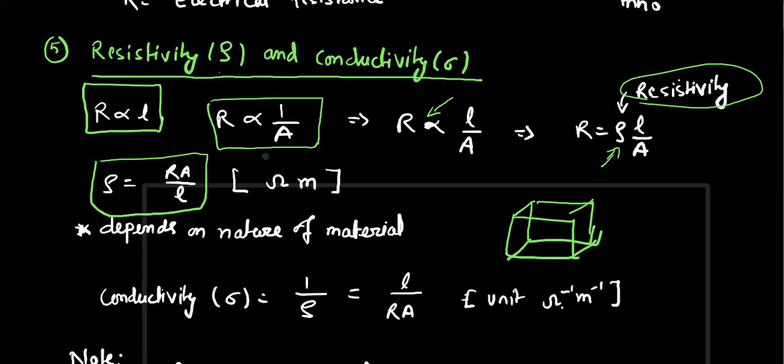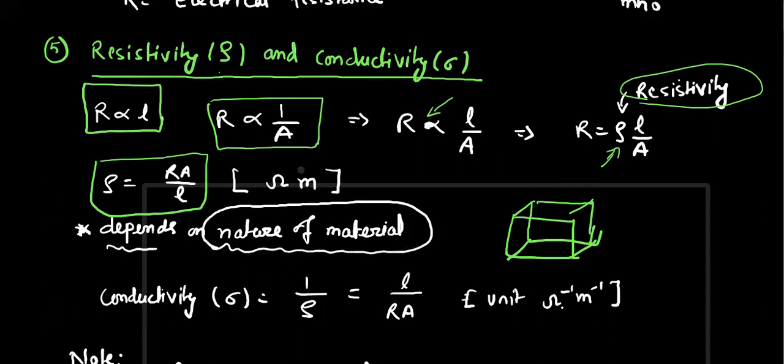One thing we have to understand is that resistivity is independent of several factors, and it only depends on the nature of the material. Because if we write here area as 1 meter square and length as 1 meter, then resistivity will be equal to the resistance.